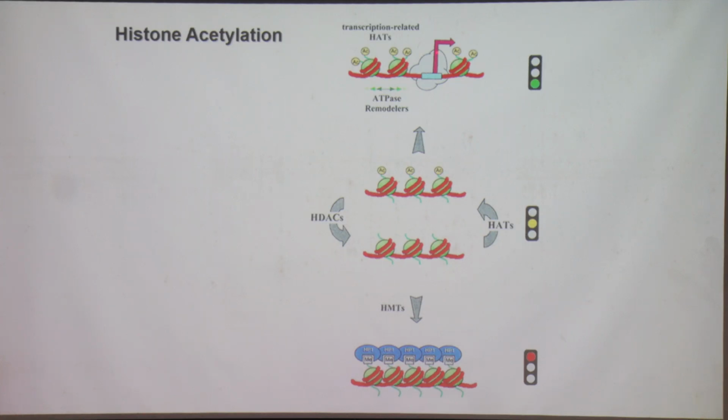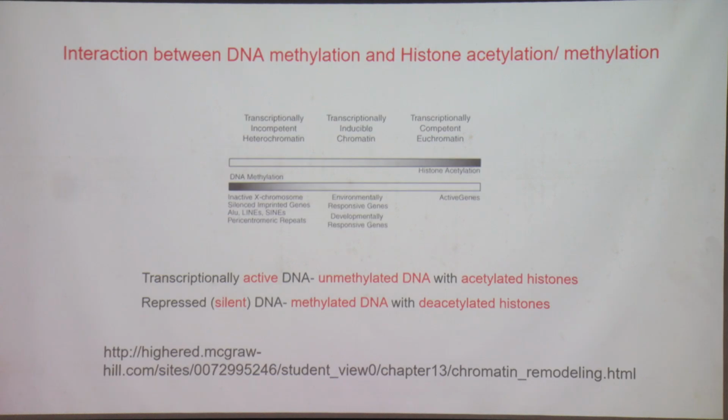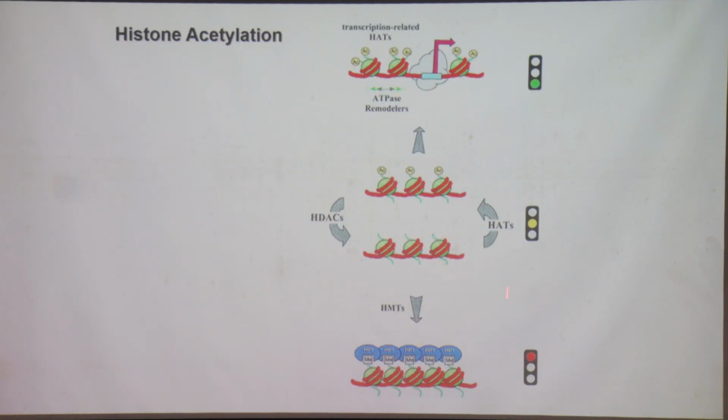When it is acetylated, it opens up. But when it is methylated, see how close it is. It's even more compact, because once it is methylated, these proteins come and bind and completely close the DNA. Now RNA polymerase cannot reach there, and this part of the DNA will not make RNA. So methylation is a red signal, acetylation is a green signal.